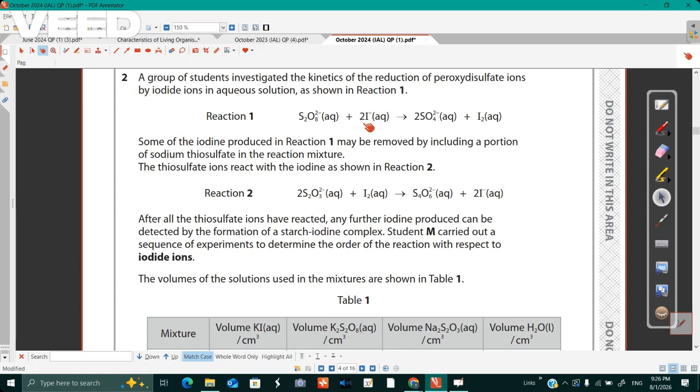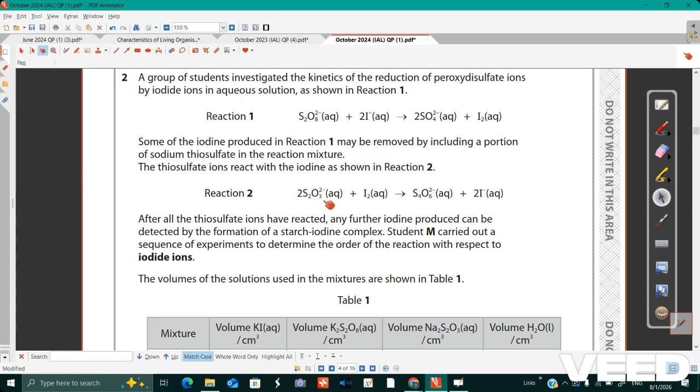So until S2O8 2 minus is over, reaction 1 and reaction 2 are happening, or the total reaction will stop if S2O3 becomes over.